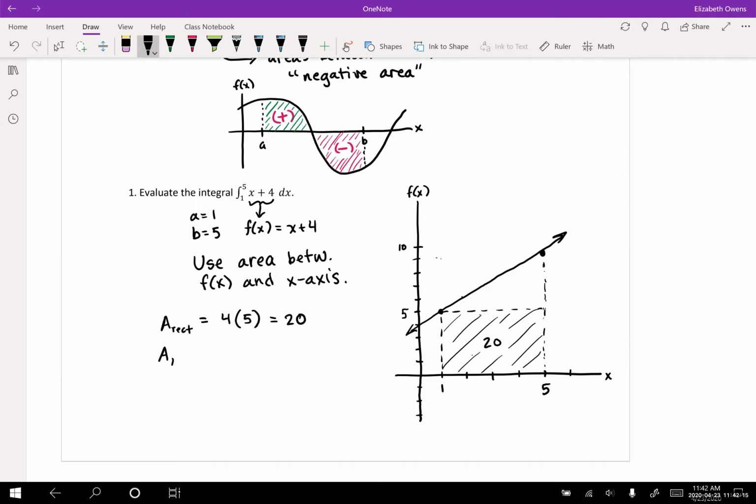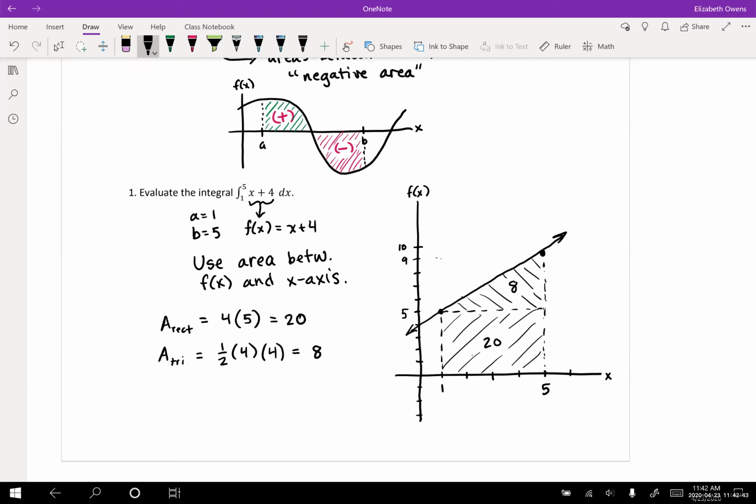And then for our triangle, we would do 1/2 base times height. So base is 4. And the height on that thing goes from 5 to 9, so the height is also 4. And we end up getting 8 square units there. So this up here has an area of 8.